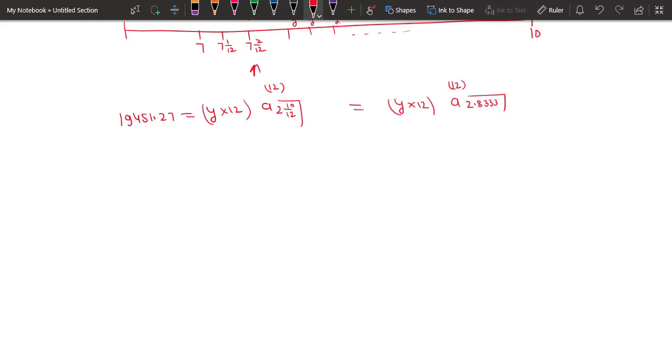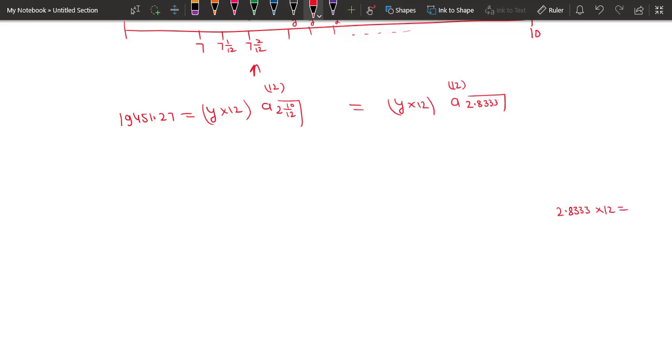We'll calculate the value of np. So it is n and it is p. If our np is an integer, then the value will be right, and if it is not an integer, this notation does not make sense. So if we calculate the value of np, it will be 2.8333 into 12.